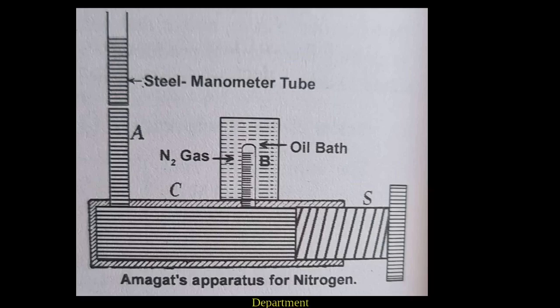The volume of the gas could be read easily due to the calibrated tube, whereas its pressure can be measured from the volume of nitrogen in the other tube. This is the simple experiment done by Amagat, and this experiment is set up at the bottom of a coal mine.